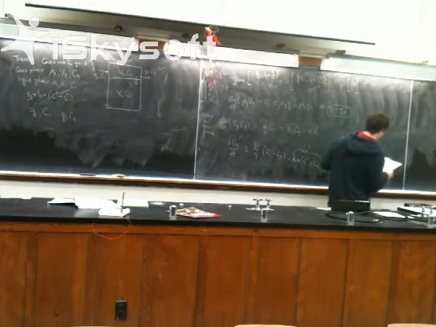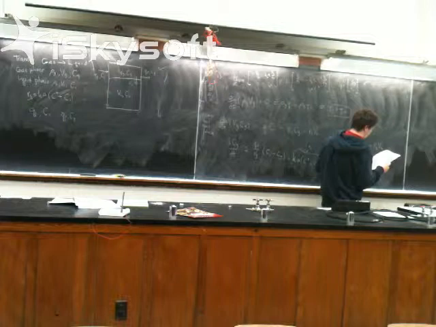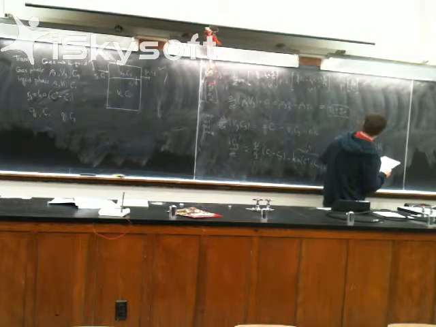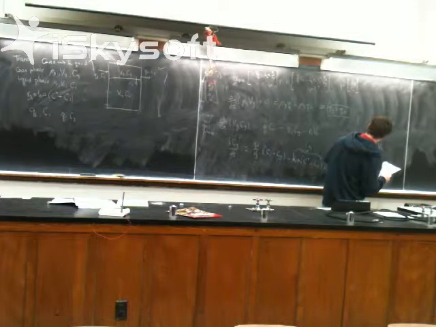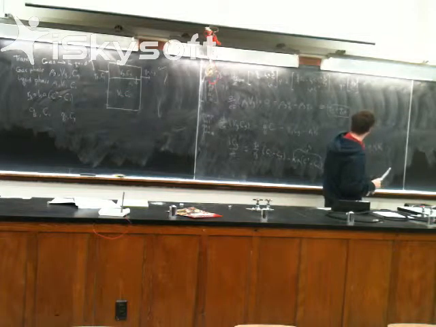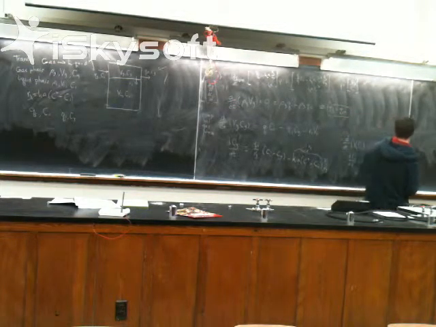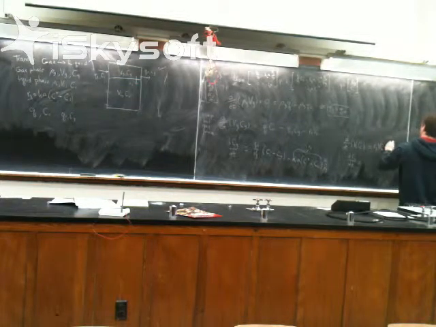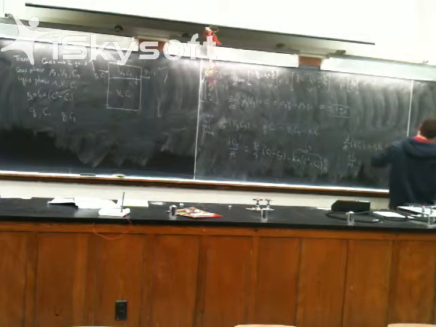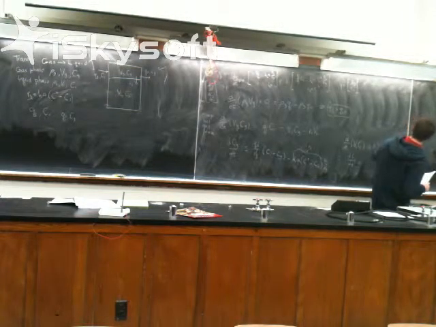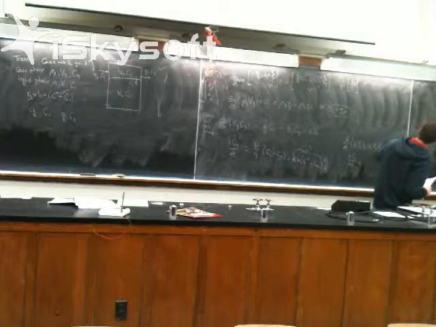So once again, we can pull the VL out, right? So I'm going to rewrite that as VL dCl dt is equal to RS times VL.